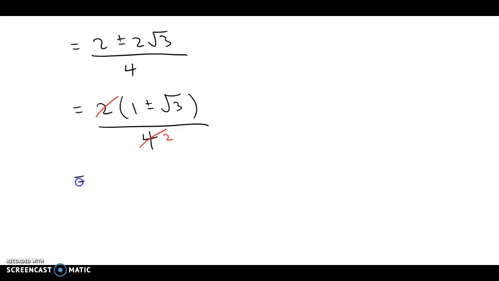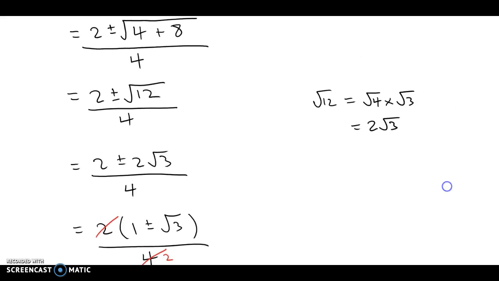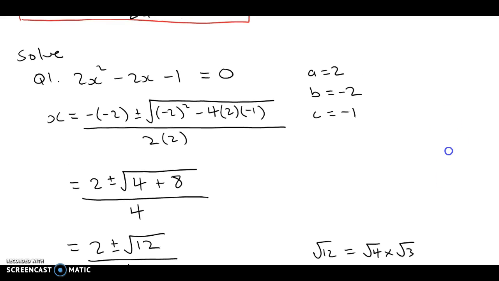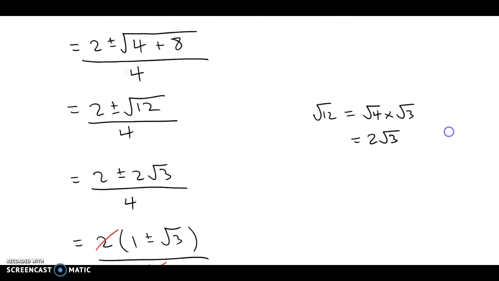And finally write it out as x equals 1 plus or minus root 3 over 2. So what we've done here is solve this quadratic equation for x using the quadratic formula.